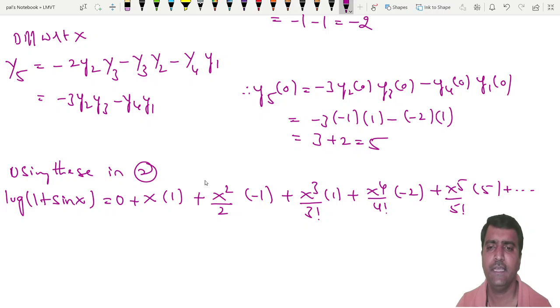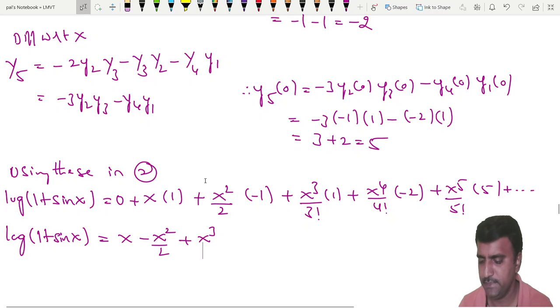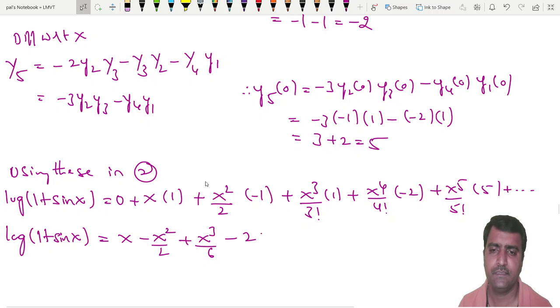So it continues like this. Therefore log of 1 plus sin x is equal to x minus x square by 2 plus x cube by 3 factorial, which can be written as x cube by 6, minus 2 into x to the power 4 by 4 factorial, which is 24, plus 5 x to the power 5 by 5 factorial, which is 120, and so on.